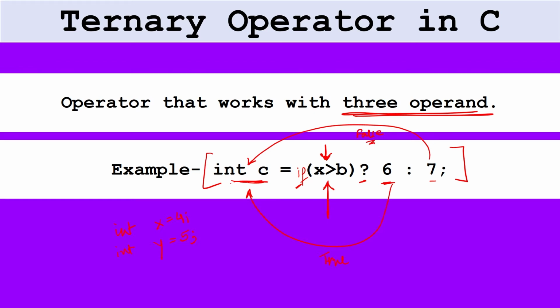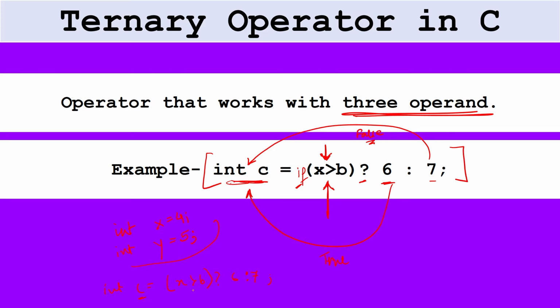So it is checking the condition, that is, if x is greater than y. Now suppose for this case int x equal to 4 and int y equal to 5. If I write the same statement down over here, int C equal to x greater than y question mark 6 colon 7. So what will be the value of C?